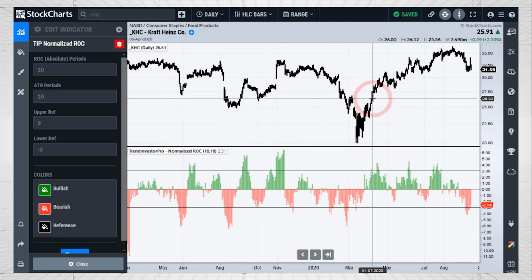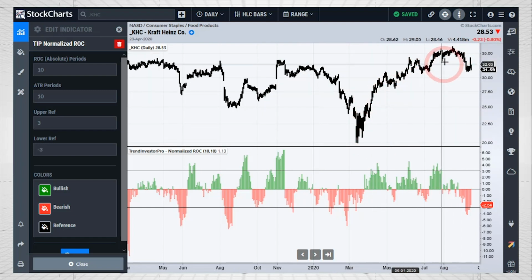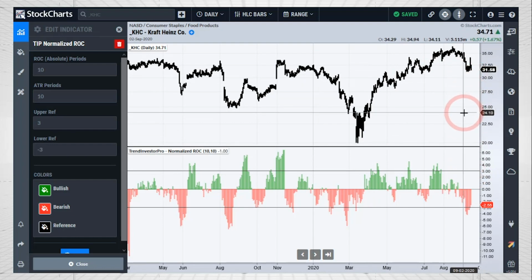And then we got a pretty good bullish signal here. And then the decline with the outsized decline there in early September. And so what the deal is as a trend following indicator is you're going to get whipsaws. And the idea is that a few good trends are going to pay for those whipsaws. The bigger gains are going to pay for those smaller losses is the idea behind trend following.